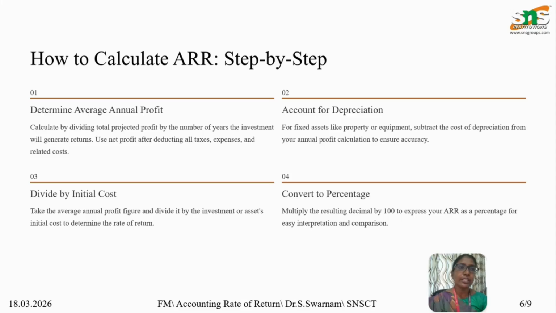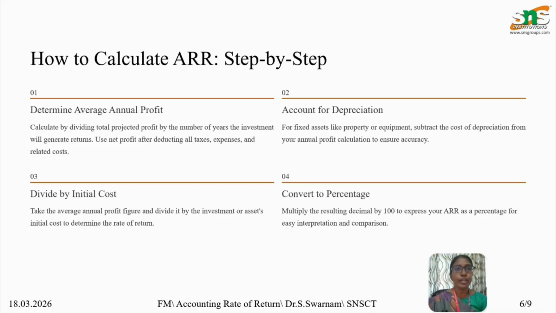Step number 2 is accounting for depreciation. We always calculate the depreciation for all the assets, right from equipment and machinery. We have to deduct this depreciation from the profit, and only then measure the earnings after depreciation, interest and tax.